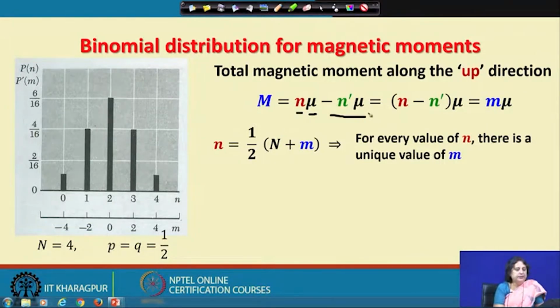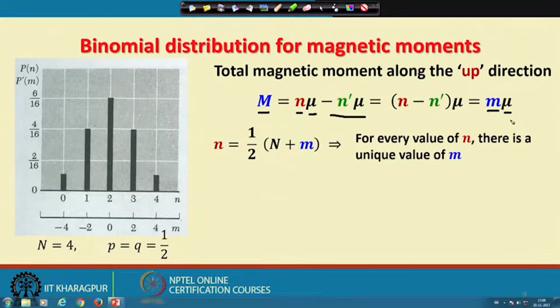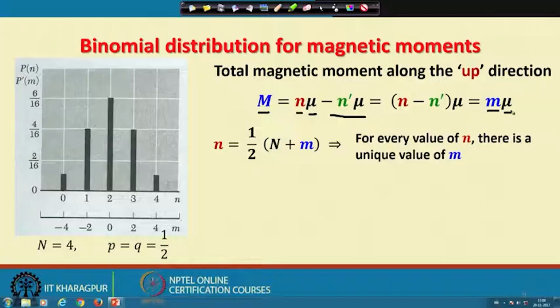If I combine, it is possible to show that this capital M, the total magnetic moment along the up direction, is given by some number small m into mu. What is mu? Mu is the intrinsic magnetic moment associated with each spin-half particle.